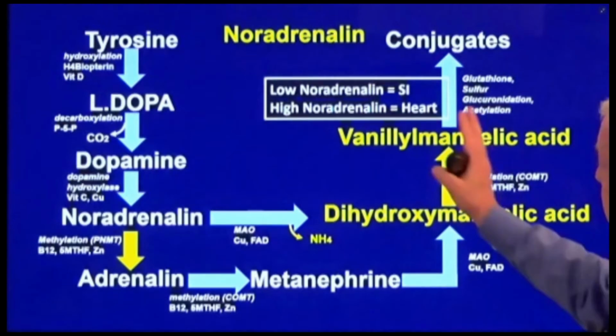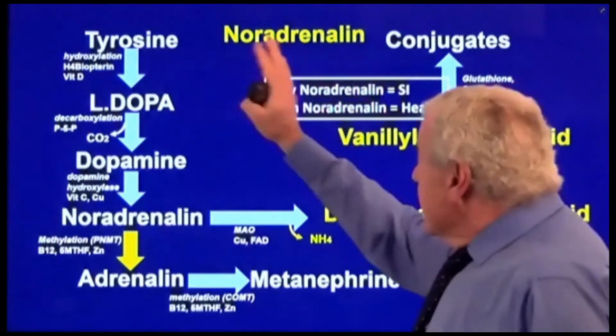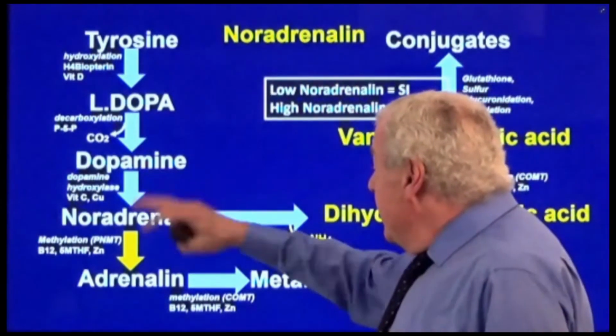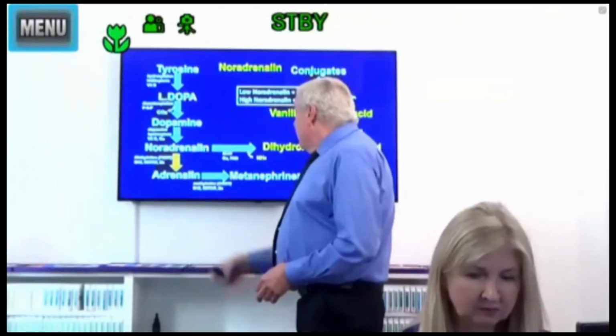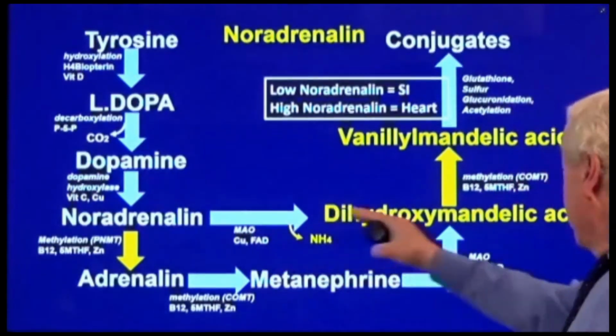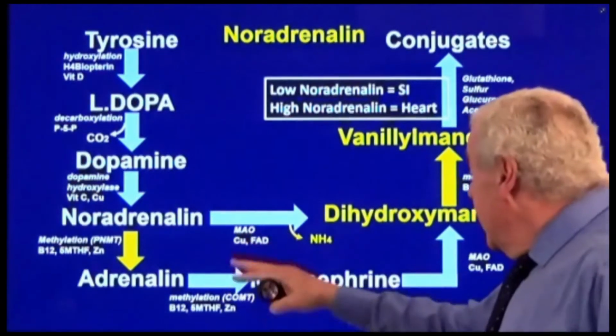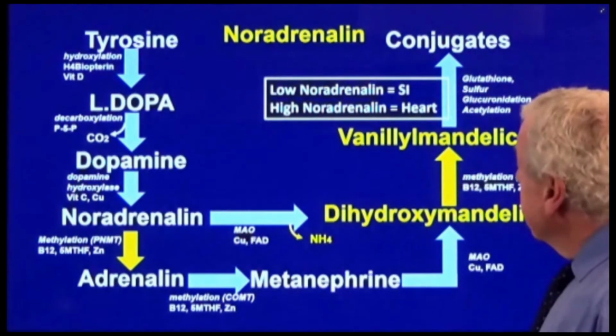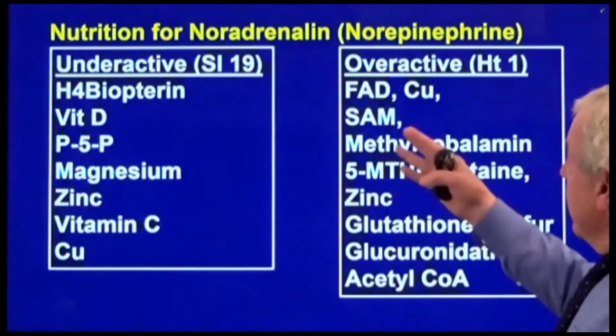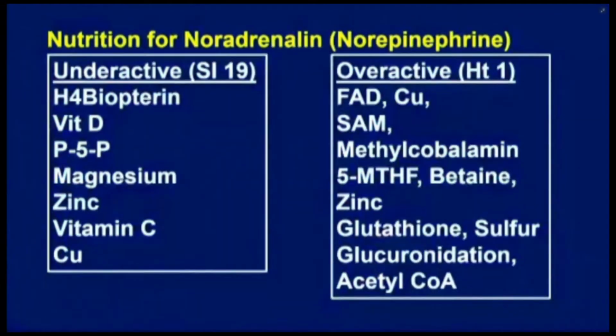So we see from the chart, again, the precursor is tyrosine, making L-DOPA to dopamine, and then dopamine being hydroxylated to make noradrenaline or epinephrine. Then the same pathway for metabolizing the noradrenaline through monoamine oxidase, methylation and conjugation. So nutrition for underactive noradrenaline, again, tetrahydrobiopterin, vitamin D, P5P, magnesium, zinc, but the last pathway, the hydroxylase pathway, requires vitamin C and copper.